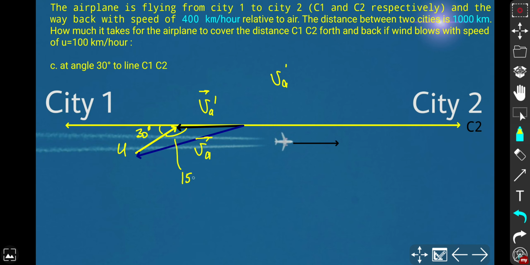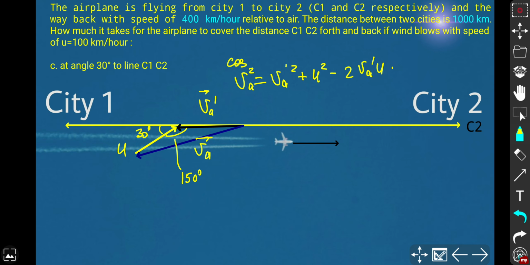So right now we can apply the same cosine rule for the vectors VA prime and U, because we know the angle between them. So we can express VA squared as VA prime squared plus U squared minus 2 VA prime U and cos of the angle, 150 degrees.